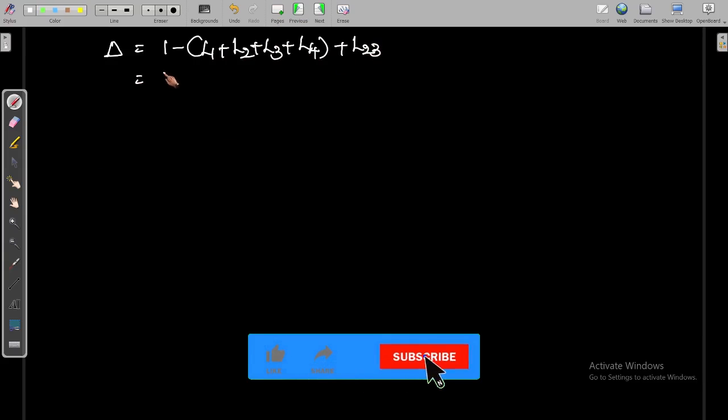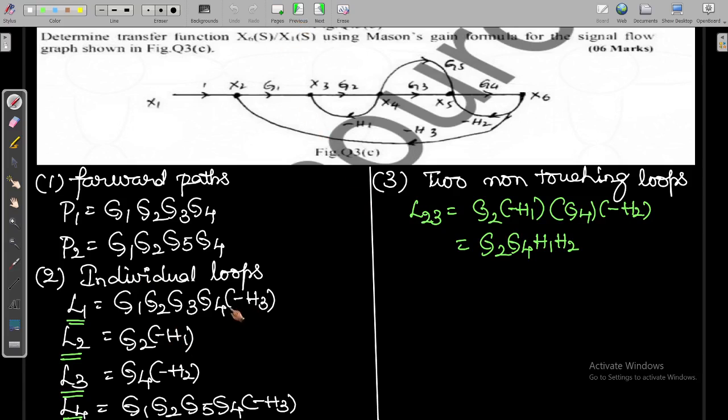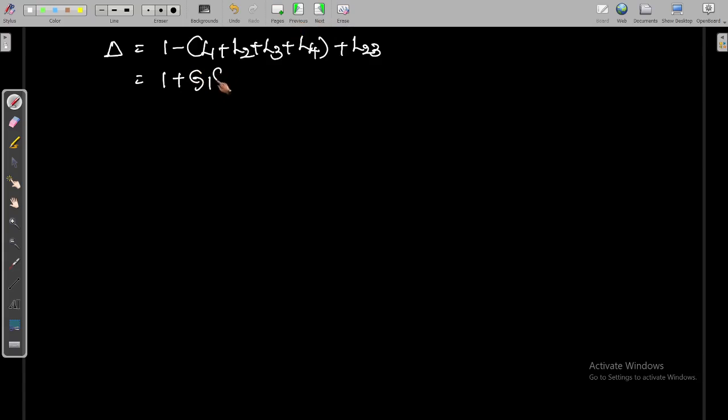Let us write that answer. 1 minus... here we will get plus only, because there is a minus sign here. L1 will be G1, G2, G3, G4 into H3, that is the loop 1 we have taken. Next L2 also gets a positive sign, that is G2 into H1.